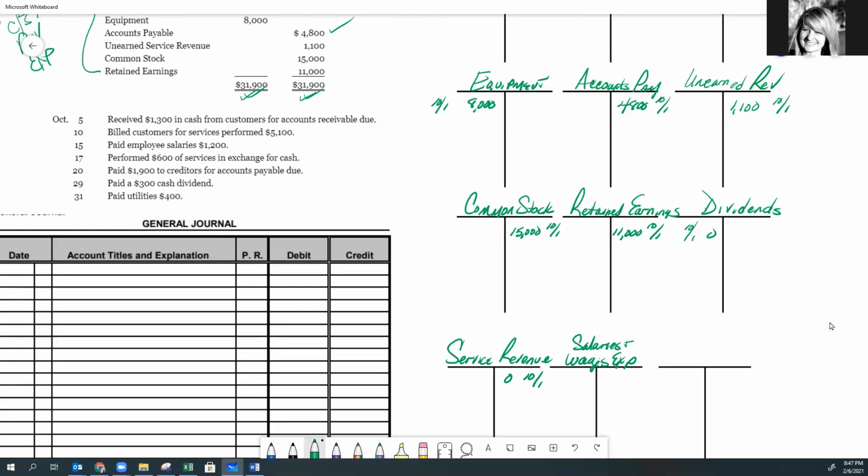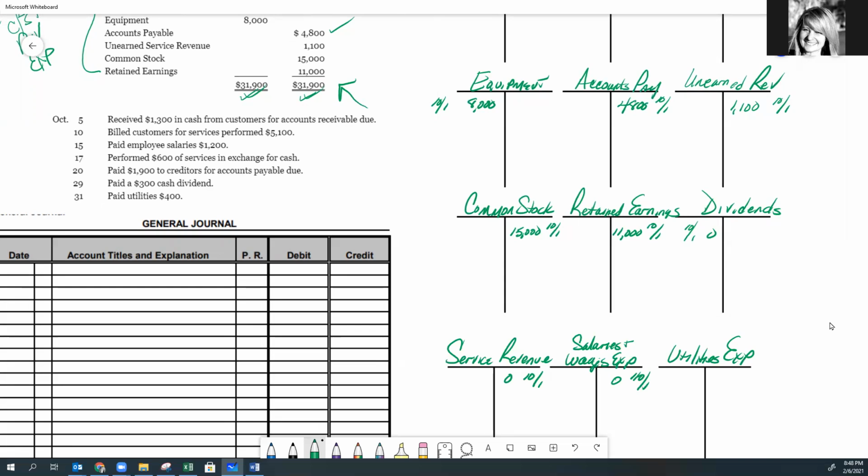How do we know that? Again, we look at our trial balance, and it did not have any revenue or expense balances. So we're going to have a 0, 10-1 balance, and we're going to have utilities expense. Where did I get these from? Again, we were told in the problem to make sure that we add these accounts. Why?